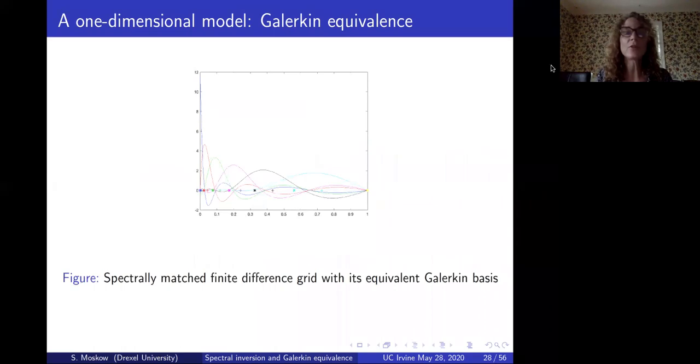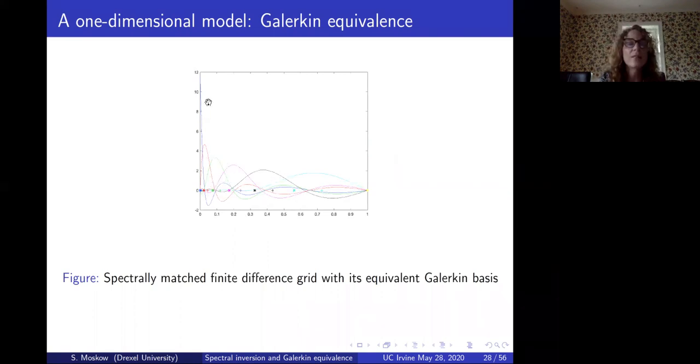And here's just a picture of an example of a spectrally matched grid with the dual primary and dual points, stars and pluses. And these other functions here are the orthogonalized basis functions. This is a case where m equals 6.